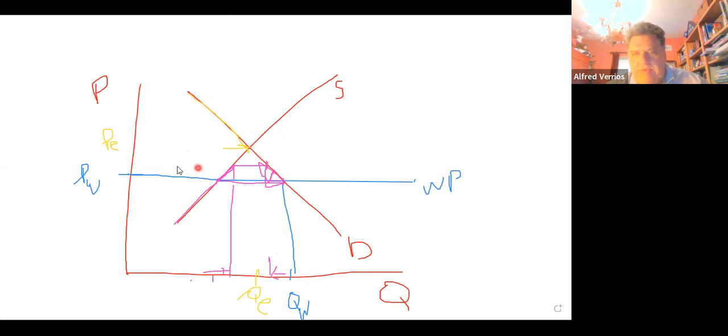It is, again, this triangle up to this point. This triangle here, beyond that, is the amount that we're no longer consuming in this country, a deadweight loss. This area here is the tariff revenue, tariff times quantity. And this triangle here is a gain of the local domestic producers who regain this quantity.